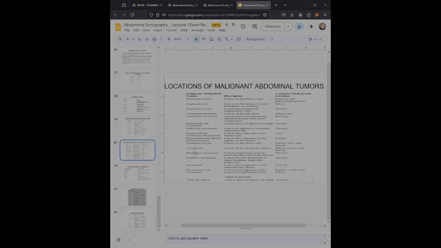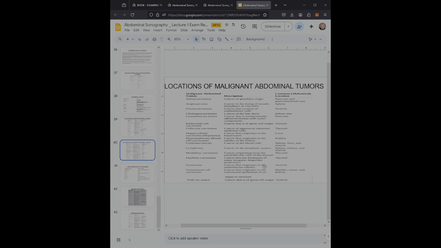So these two, medullary carcinoma and papillary carcinoma, are seen in the thyroid, but there are certain differences. Medullary carcinomas originate from parafollicular cells of the thyroid, whereas a papillary carcinoma has finger-like projections that are irregular.